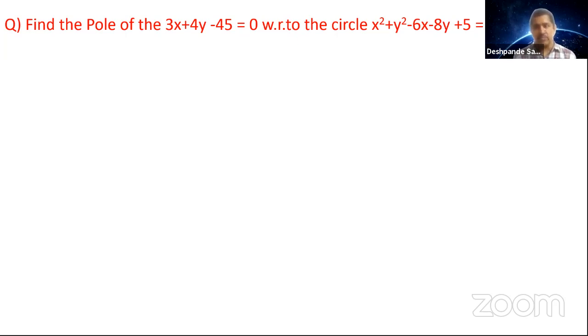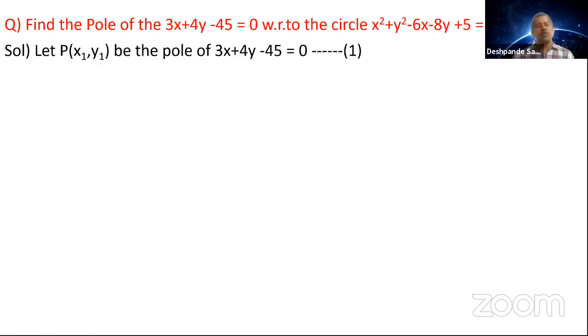Then arrange the terms: coefficients of x, coefficients of y, and constant terms. Then the resultant equation and this equation should always be proportional. So the coefficients should be proportional. From that you get the values of x1 and y1.